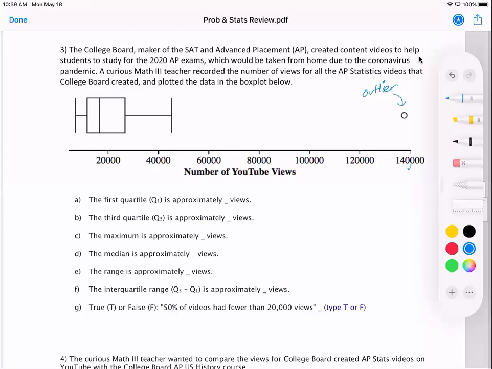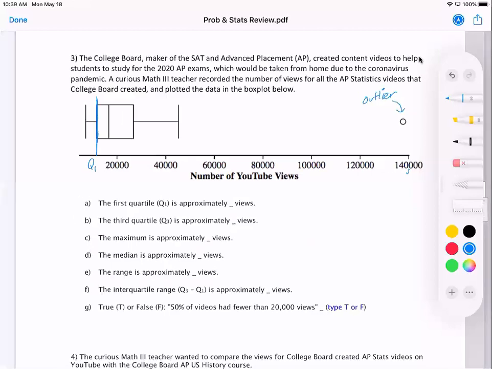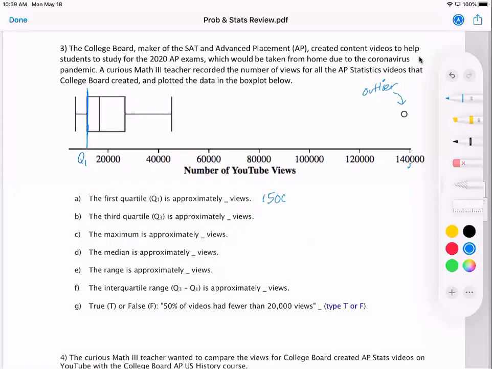So I want to make sure you know how to identify the first quartile. The first quartile would be this part of the box plot, Q1. We're going to have to estimate. So I would estimate maybe 15,000 views is the first quartile. So at least the first quartile has 15,000 views.